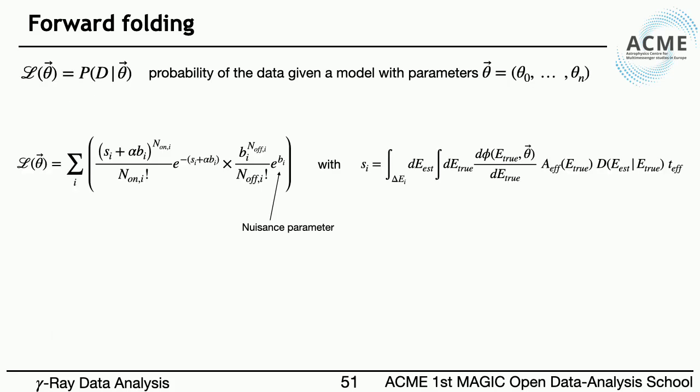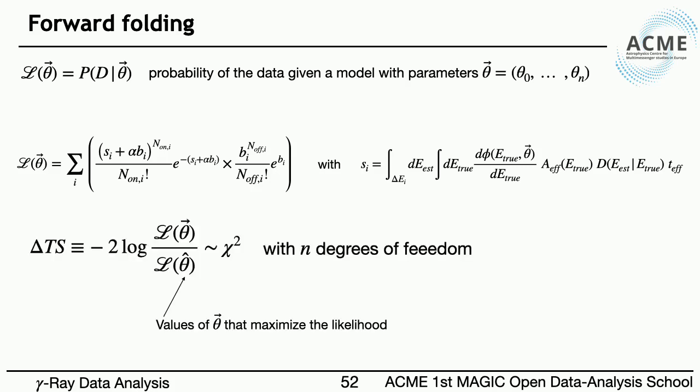The estimation of the model parameters is done by fitting the model on the data through a likelihood function, which we already have seen applied before, for instance, in the first part of these slides. And as we did before, we take the -2 of the log likelihood ratio as a test statistic.